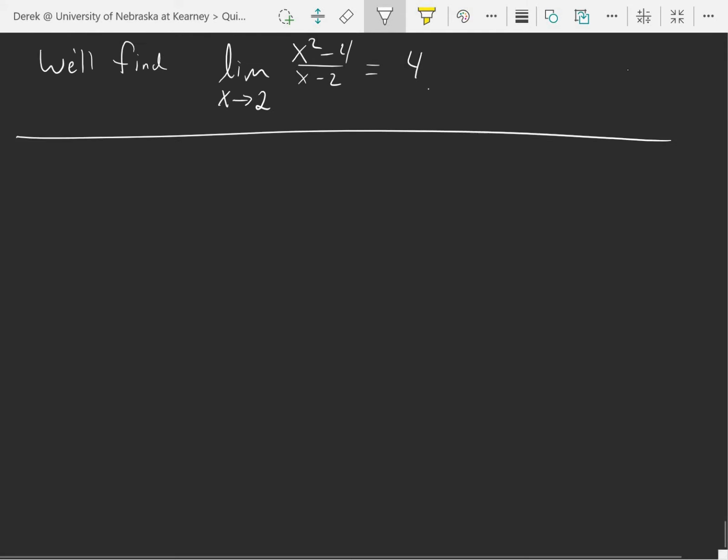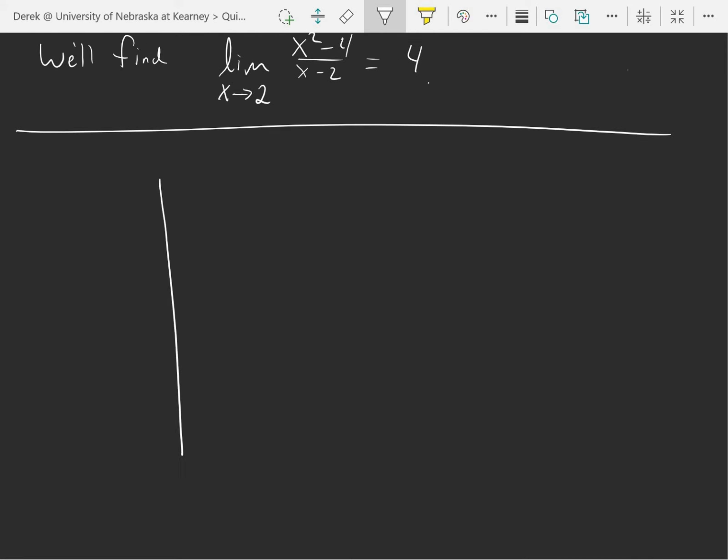Let's see how that all works out mathematically though. And to do that, let's draw a picture. This graph, I probably don't need that much of a horizontal line. This graph, it's going to look like it has a hole in the graph right here at 2, 4.